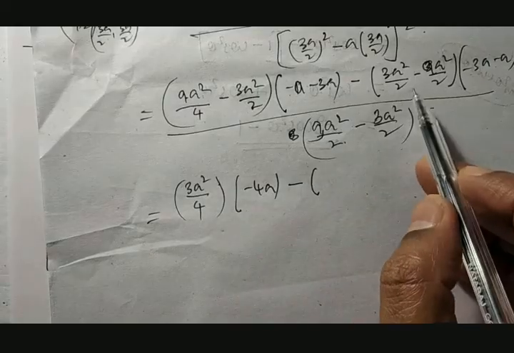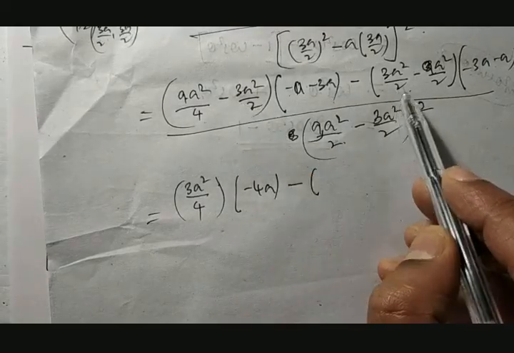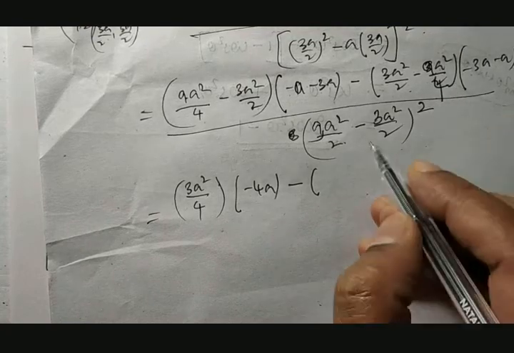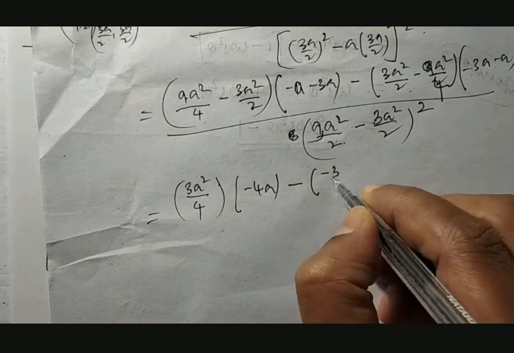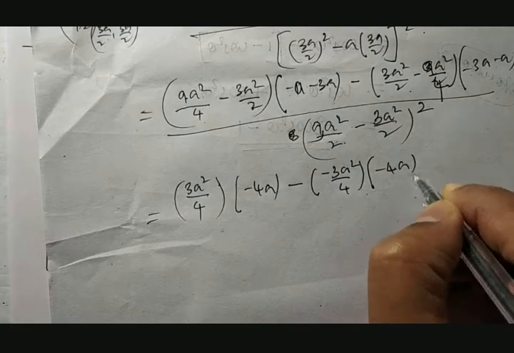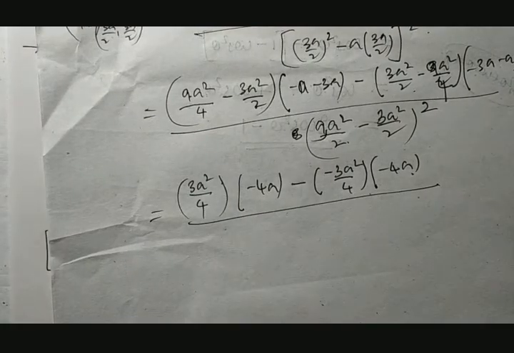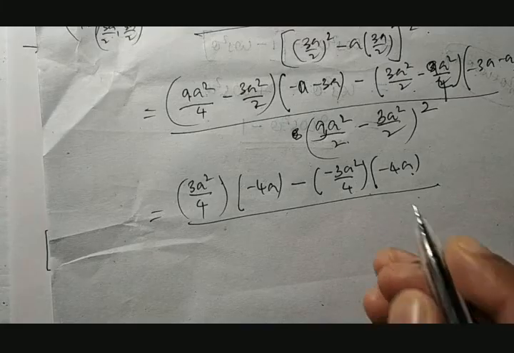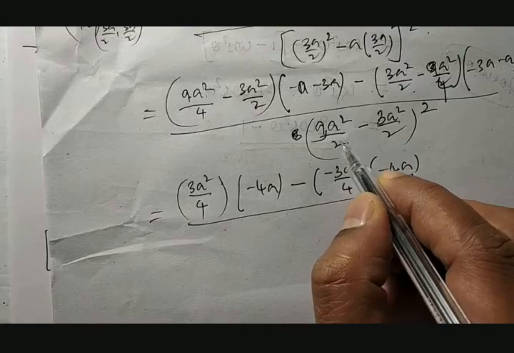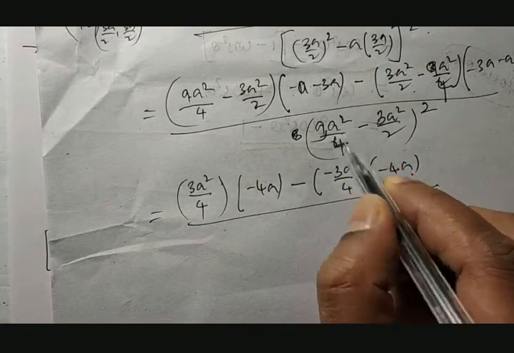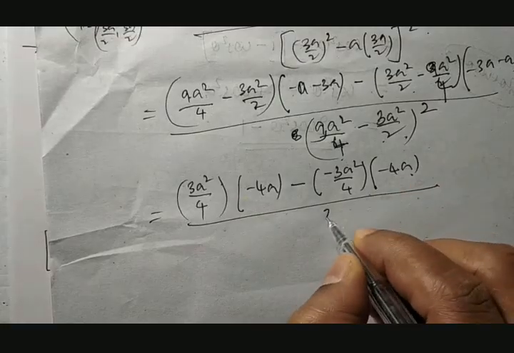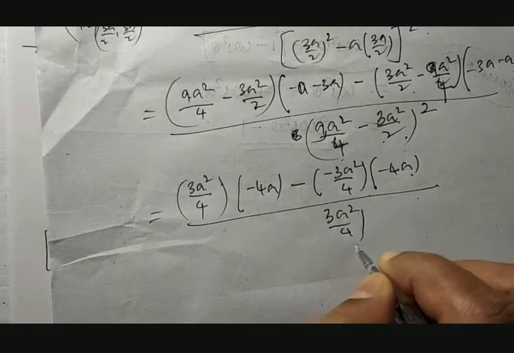Minus, again here you can see the same term, if it is taken once again, it is 4. Then this is minus 3a square by 4 into minus 4a divided by, this is again 4, so 9a square by 4 minus the same term, that is 3a square by 4 the whole square.